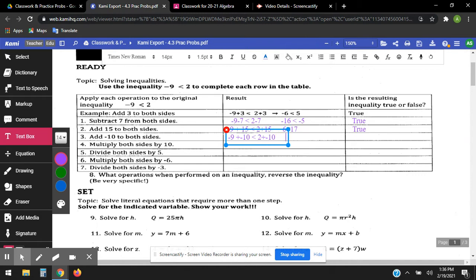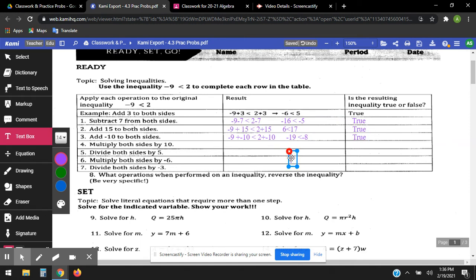Well, -9 plus -10 is -19. Is that less than 2 plus -10, which is -8? Yep, so far it looks like we can do these things. So adding and subtracting seems to keep everything true.